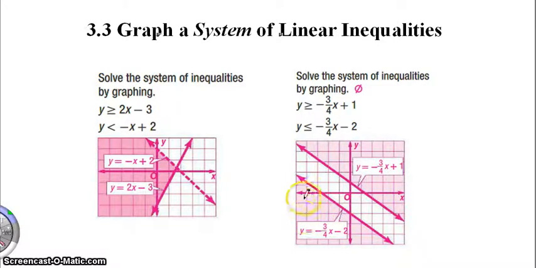So their shading did not overlap, so there was no common region of solutions. So there's no solution, because for a system of linear inequalities, it is the shaded region where they overlap, where they share solution points, an infinite amount of points. That is the solution set, the many solution points for a system of linear inequalities.